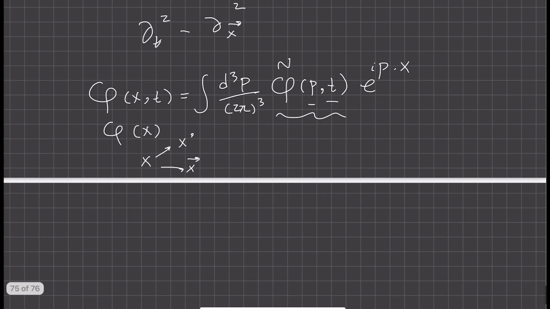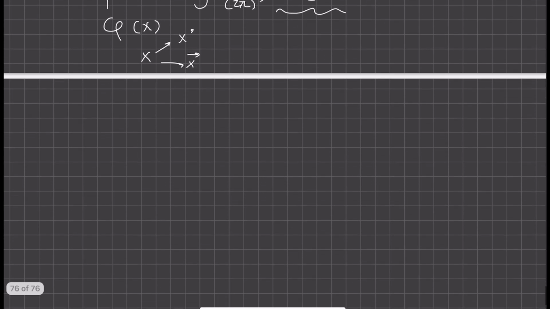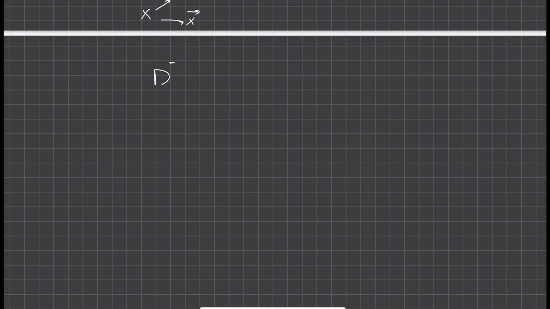But now I try to think, okay, I have this Klein-Gordon equation, (box squared plus m squared) acting on phi of x equals 0. Now instead of phi of x, I put the Fourier transformation of it.